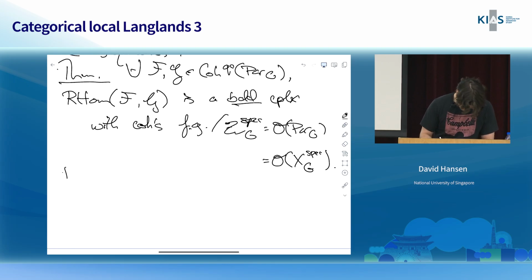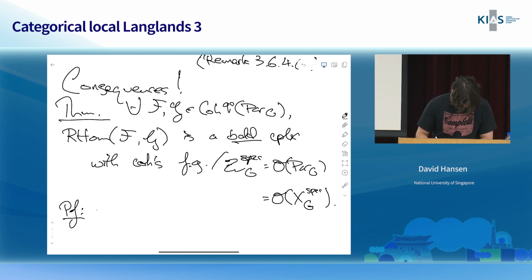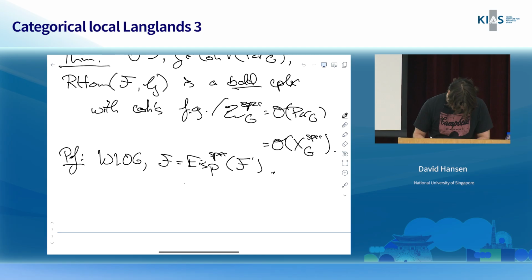So proof. Again, we're going to use Takeda's result. So without loss of generality, F is some Eis_P spec of some, oh, I used letter G already. That's a bad idea. Very bad idea. F primed. So P a parabolic.